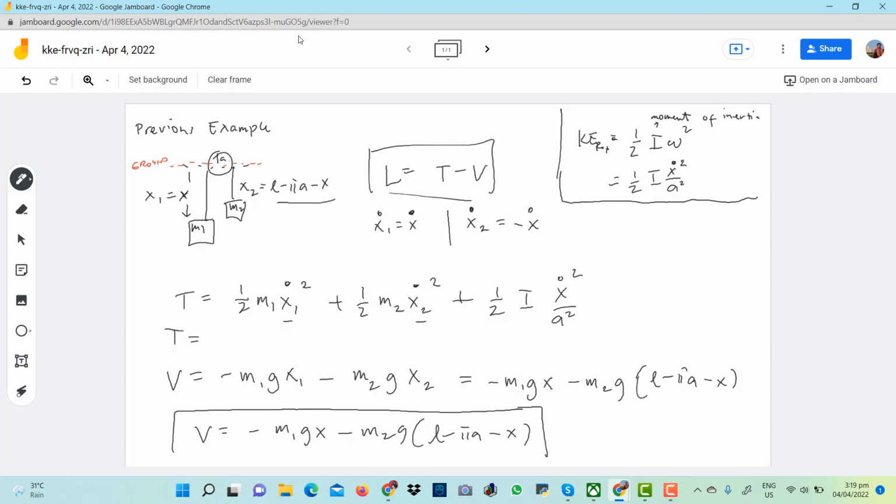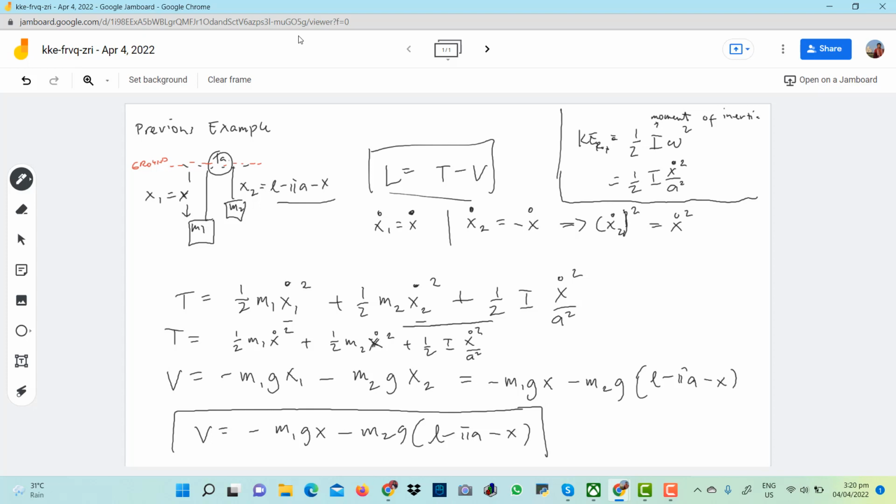So therefore, if I simplify the kinetic energy, I have 1 half m1 x dot square plus 1 half m2 x dot square, because if you take x2 dot square, you will get x dot square, the minus disappears, plus 1 half I x dot square over a square.